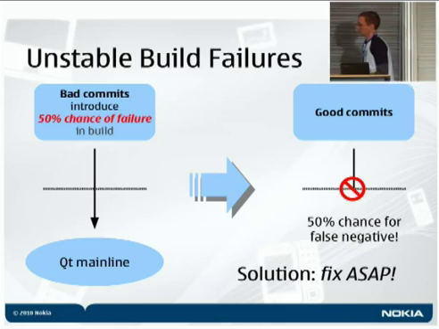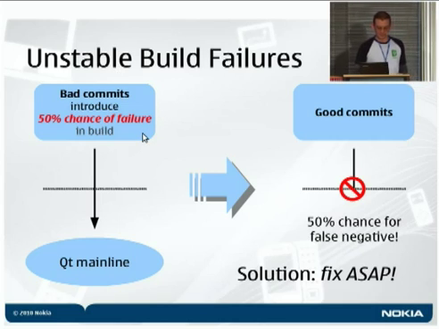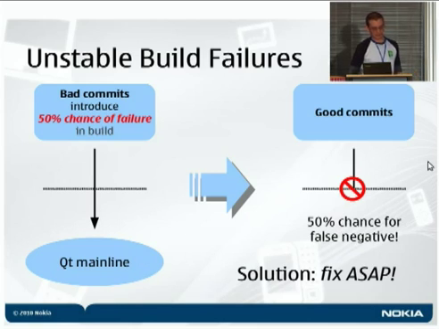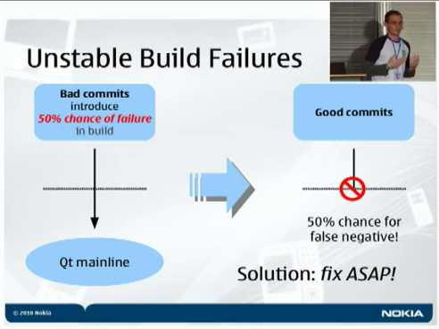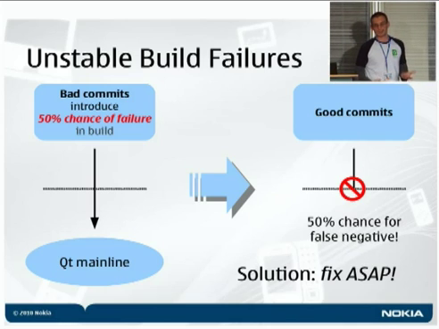So if we happen to be unlucky, these bad commits may just happen to pass the quality gate and then make it into the Qt mainline branch, such as Qt 4.7. Now, if that happens, then after that, every set of good commits has a 50% chance of being rejected because of this problem.